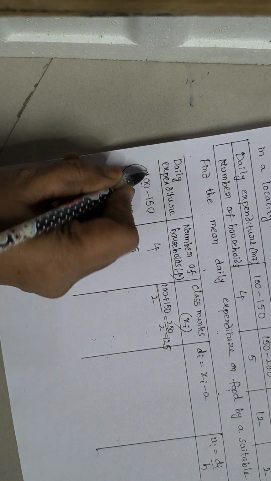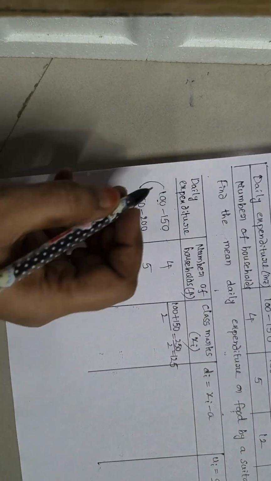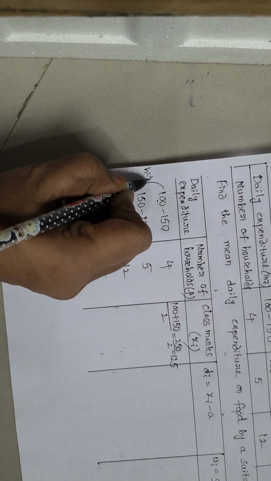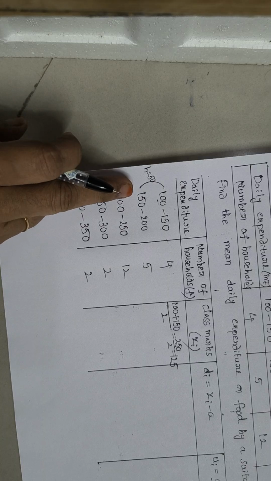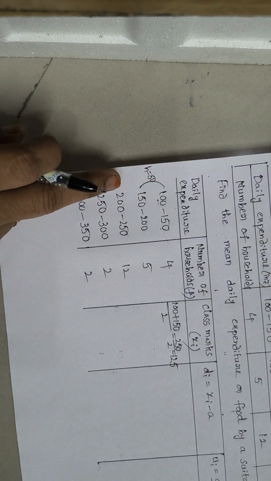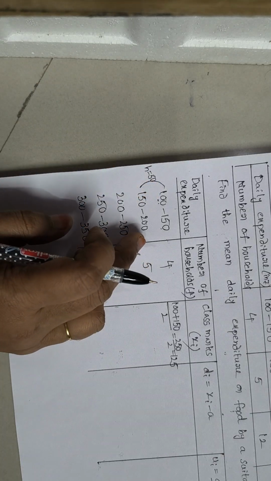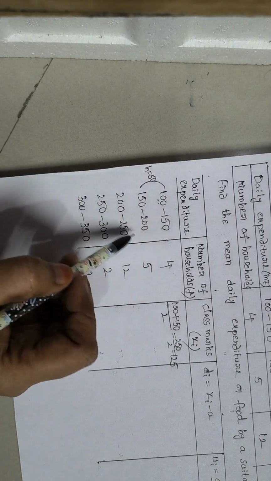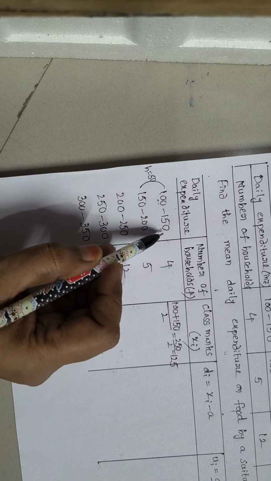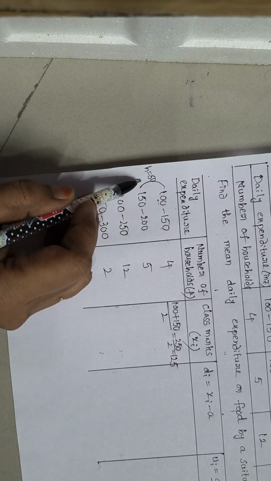Here the difference is 50. Take any lower limits or any upper limits, successive upper limits. The difference is 50.